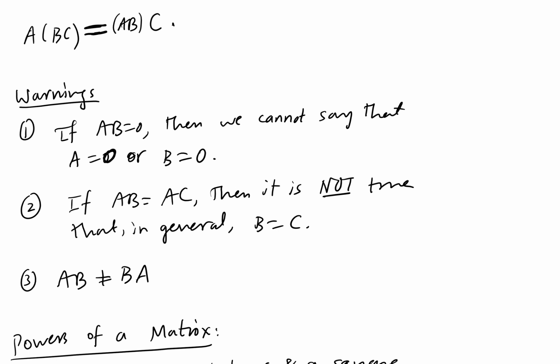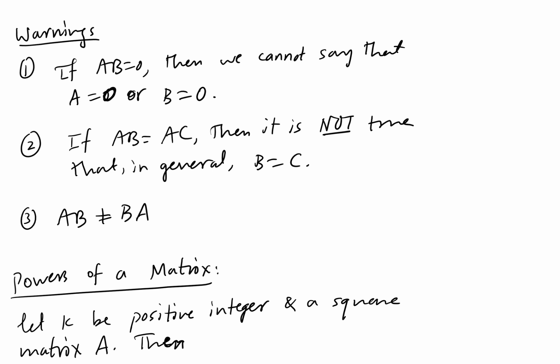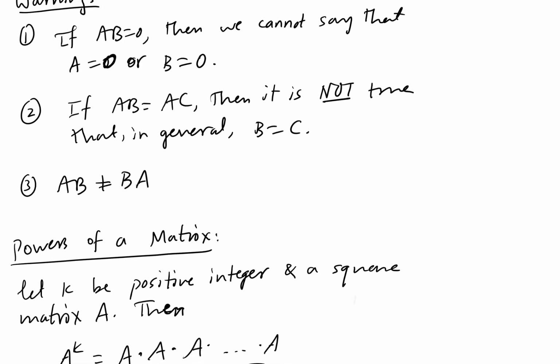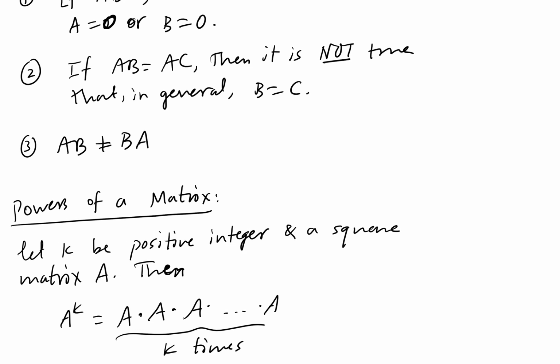How about powers of matrices? If we take K to be any positive integer and A a square matrix, it must be a square matrix, then if I want to raise matrix A to the K power, that means you multiply it by itself K times. Someone's asking, can you give us an example of AB equals 0? You can come up with an example yourself. You just pick any entries for the first one, say -2, 1, like this.